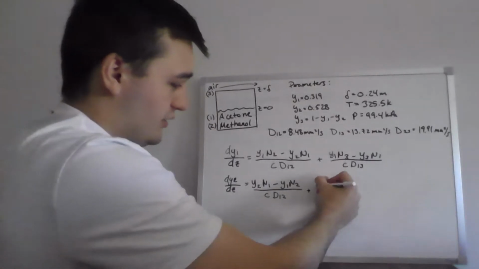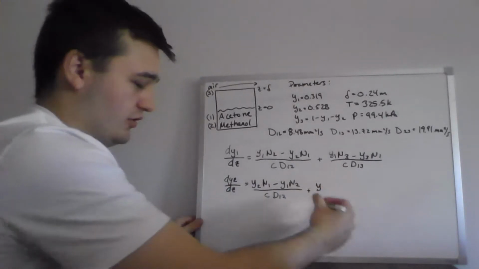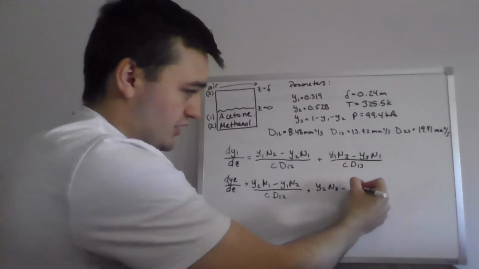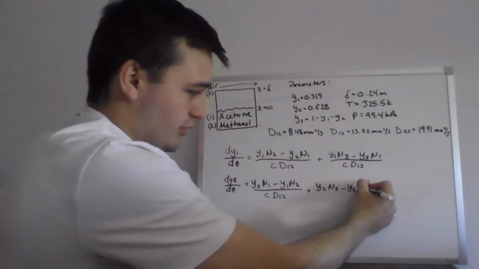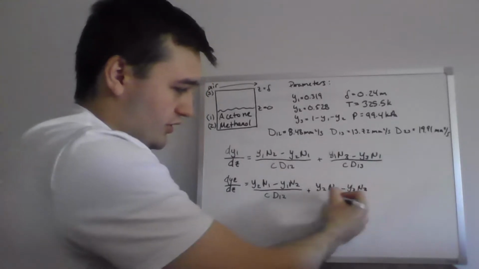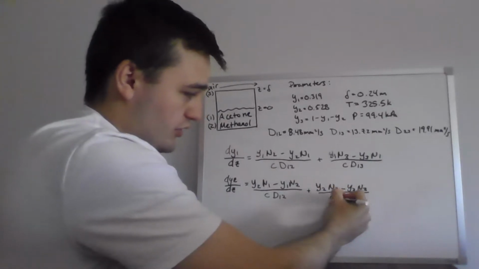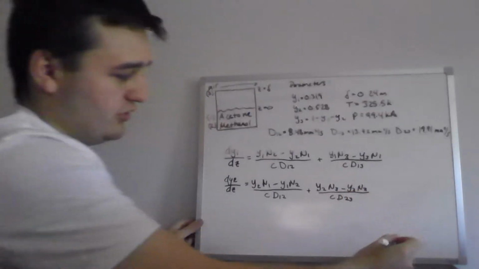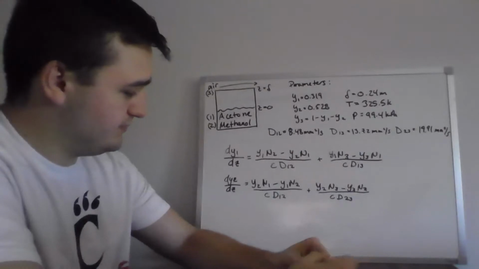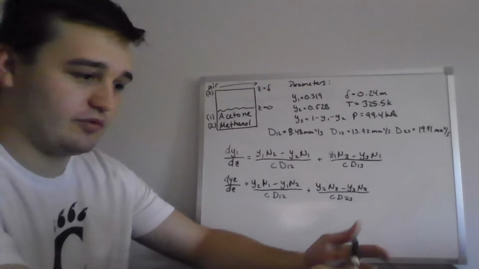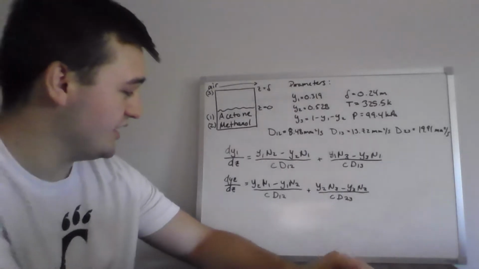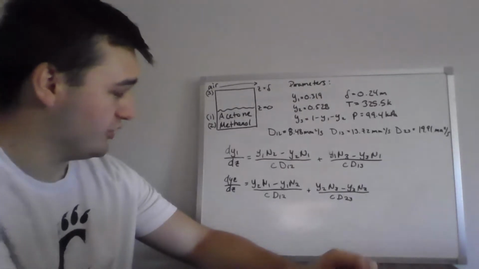And then again, you add mole fraction of 2 times the molar flux of 3 minus the mole fraction of 3 times the molar flux of 2, all over concentration times the Stefan-Maxwell diffusion coefficient between components 2 and 3. So these are the Stefan-Maxwell relation equations in regards to components 1 and 2.